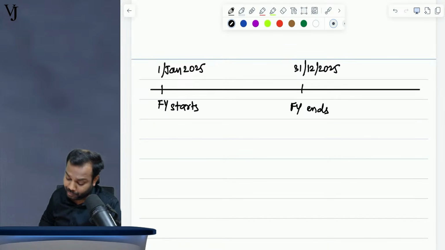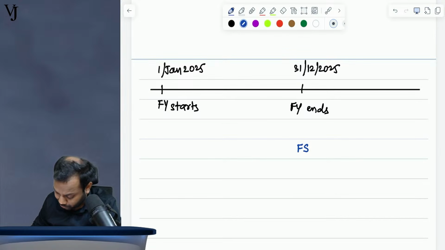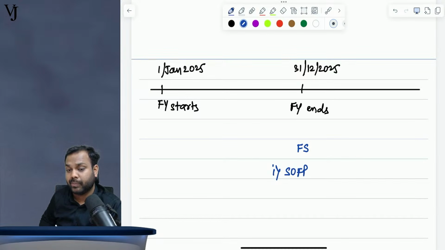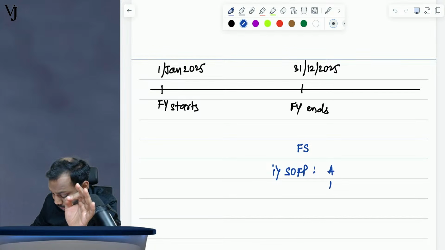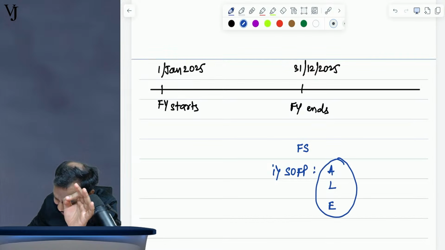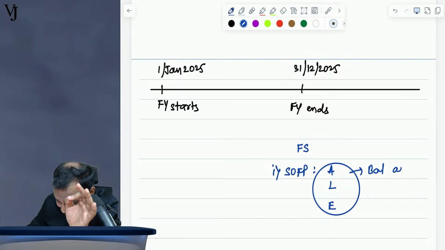Now, I will prepare my financial statements here. Let's suppose I am preparing the SOFP, statement of financial position. The statement of financial position will show the balance of assets, liabilities and equity as at 31st December 2025.